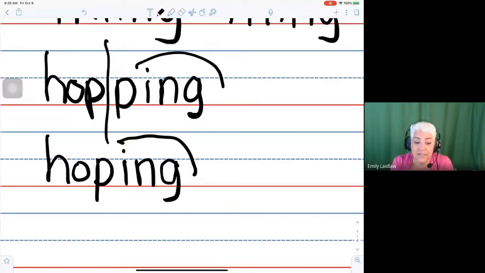Now, as I was teaching yesterday, if there's two consonants between your vowels, split between them, but if there's one consonant, you generally split in front. So I could teach it like saying, here's my vowel, I'm splitting between the two consonants. Here's my vowel, I can split it there, hoping. I could do that.